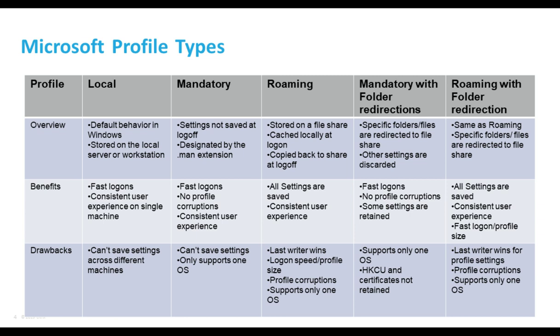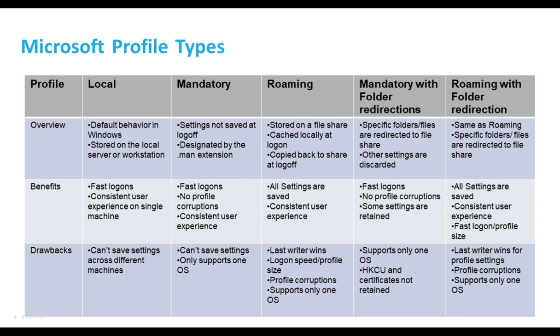We're going to move into the various types of Microsoft profiles. So our first option is a local profile, which is configured out of the box. I don't need to do anything to have a local profile. It's a default behavior in Windows, and it works fairly similarly on either a server or a workstation like Windows 7, Windows 10 OS.